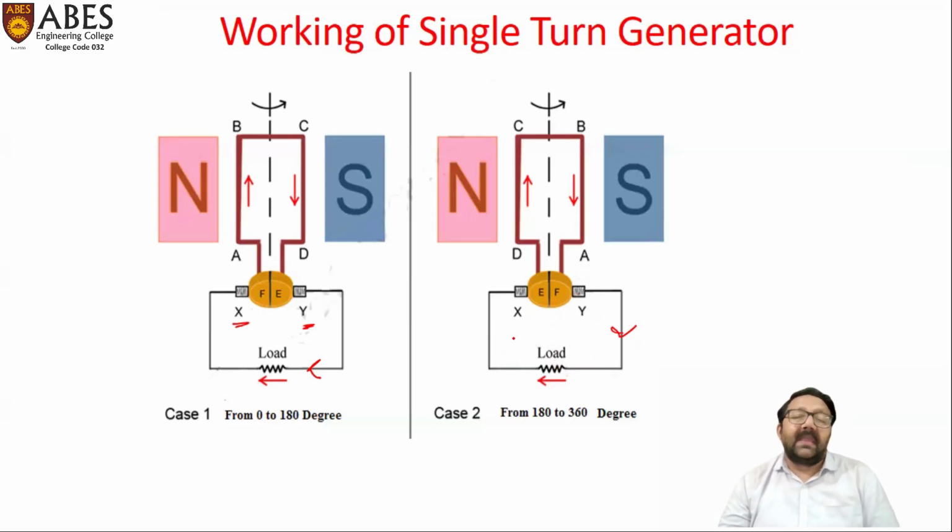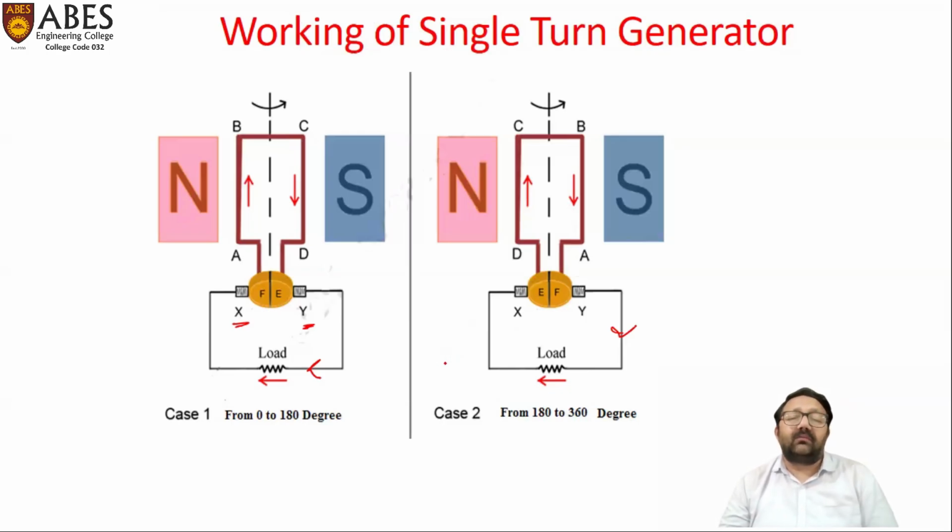That's why this generator is known as a DC generator, because across the external load we are able to maintain a unidirectional flow of current.